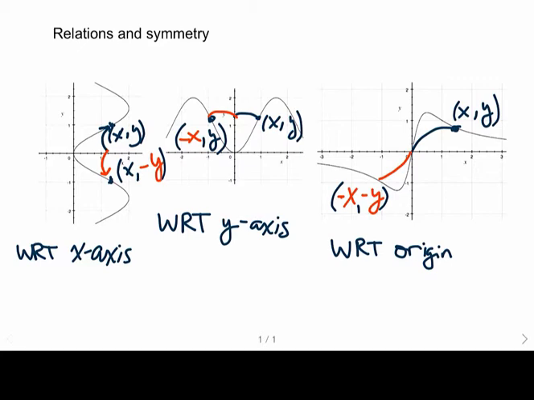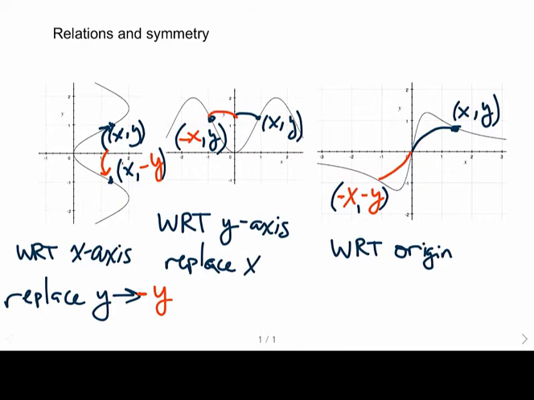In order to test an equation for symmetry with respect to the x-axis, we would replace y by -y. If we want to test for symmetry with respect to the y-axis, we would replace, can you guess? x by -x.